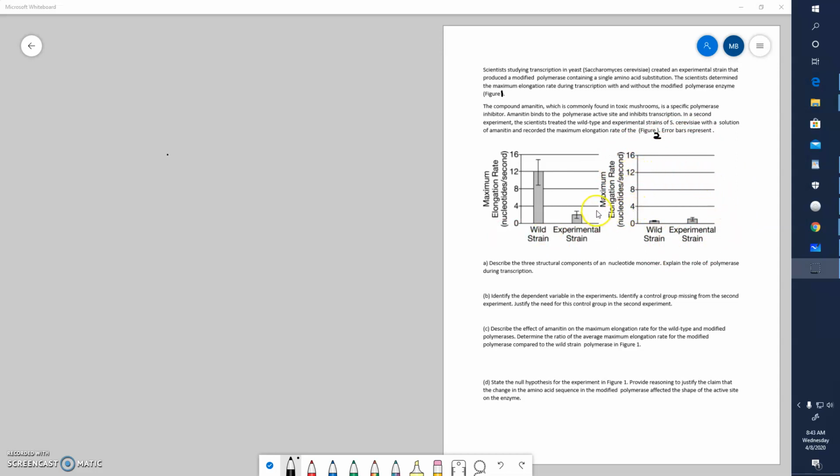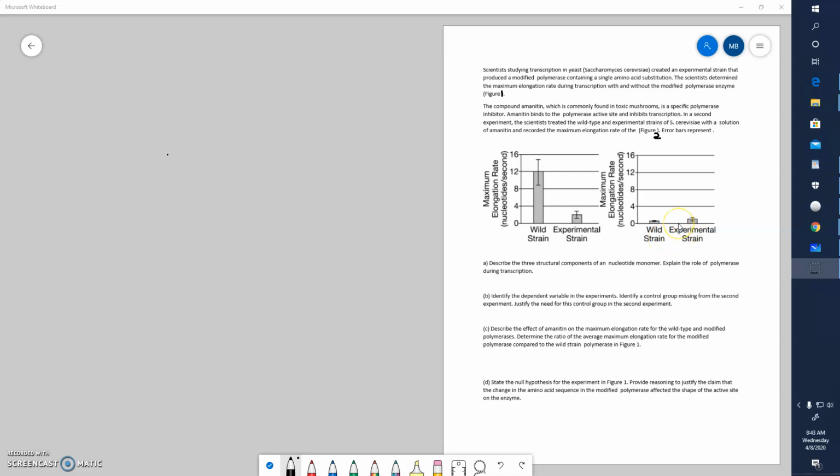So a control to see if amatoxin actually affects either one: you would need to compare it to the experimental strain without amatoxin, or the wild strain without amatoxin, or even, frankly, it'd be better to have both in there.